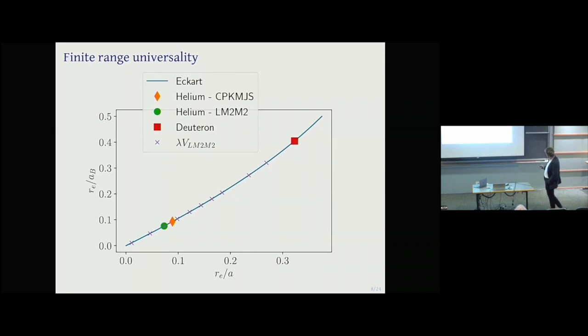You can move all around, also up to deuteron if you want. You can use whatever simple two-body potential you want. I usually use Gaussian because it's much simpler to deal with. And still, you move the strength of the Gaussian, you move all this on top of this curve, and you can reproduce or see this data.